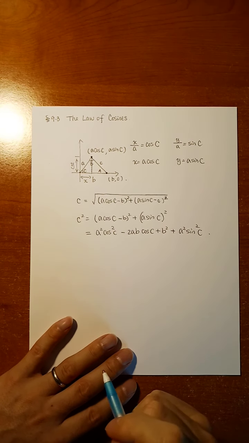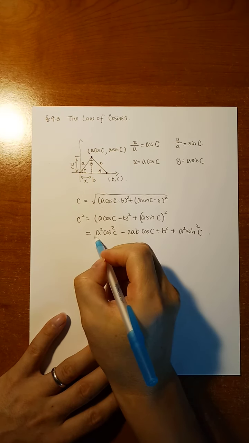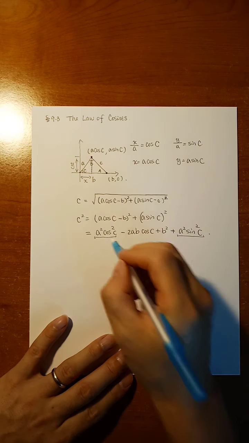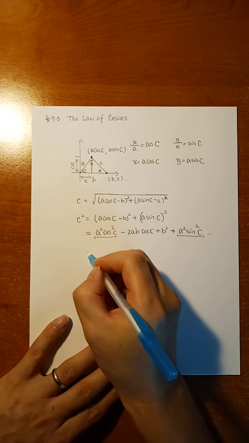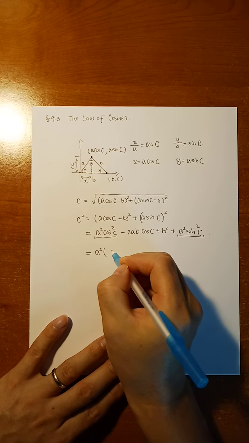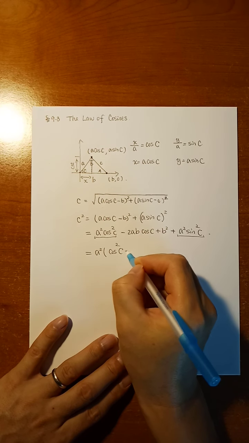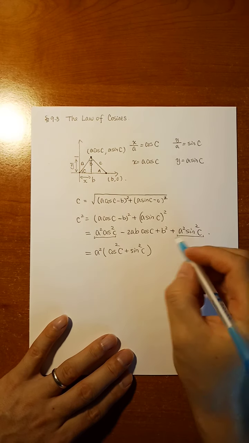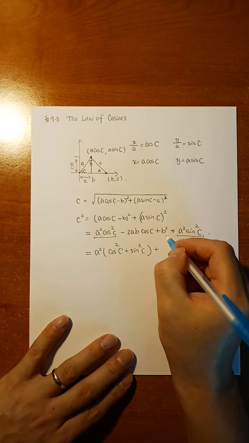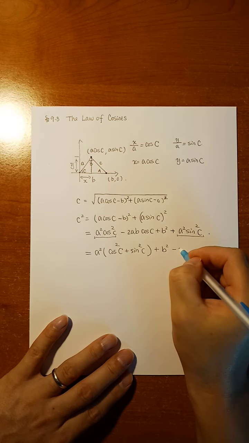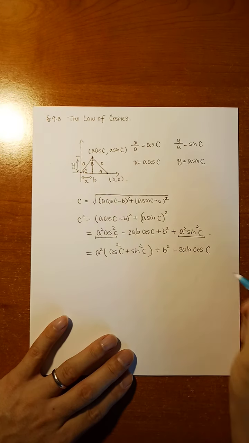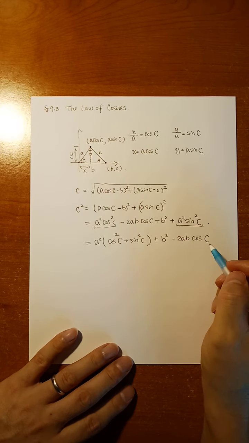Okay? And then you see here the first term, A squared cosine C squared, and A squared sine C squared. We factor out A squared, and we get cosine C squared plus sine C squared. That's the first and last term. And I copy this B squared and minus 2AB cosine C. I exchange the position of those two terms.